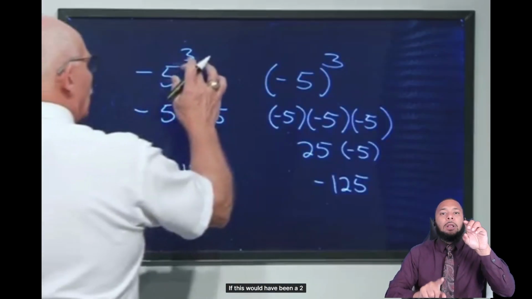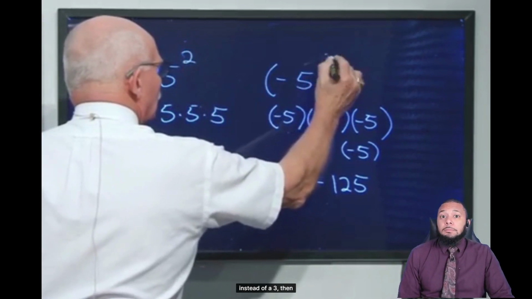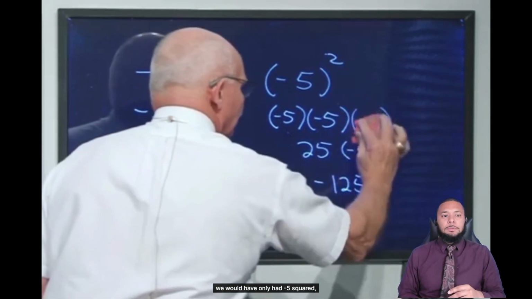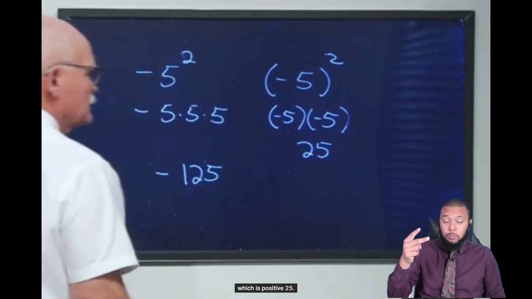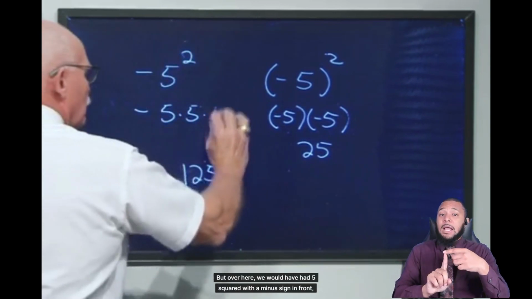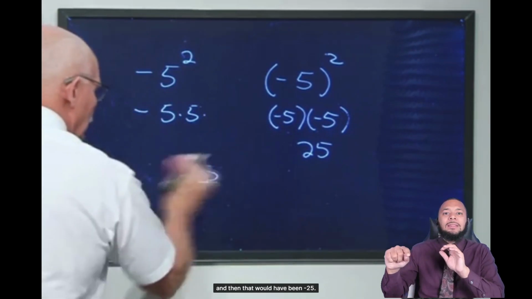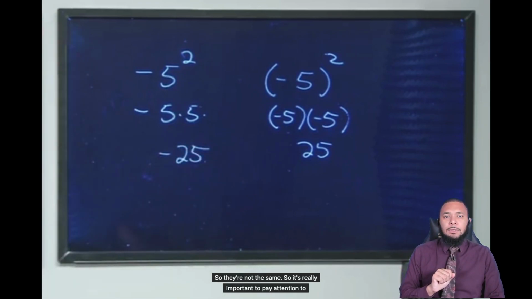If this would have been a 2 instead of a 3, then we would have only had negative 5 squared, which is positive 25, but over here we would have had 5 squared with a minus sign in front, and then that would have been negative 25. So they're not the same.